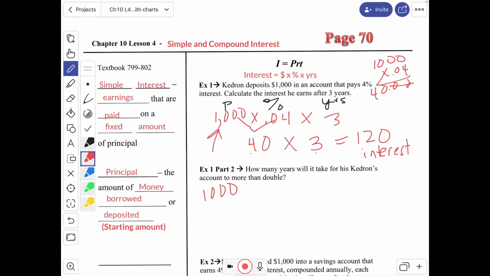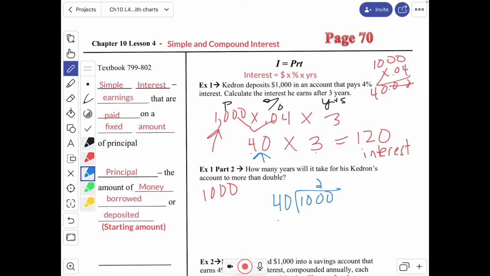So how much did he get per year? That was this amount right here. He's getting $40 per year in interest. So if we divide 1,000 by 40, we'll know how long it's going to take him to double his deposit.